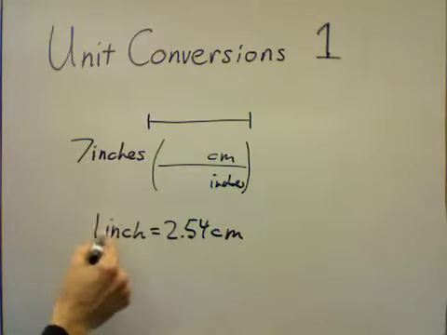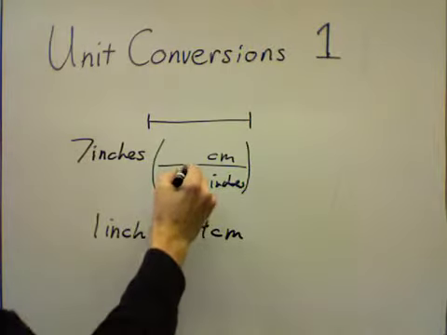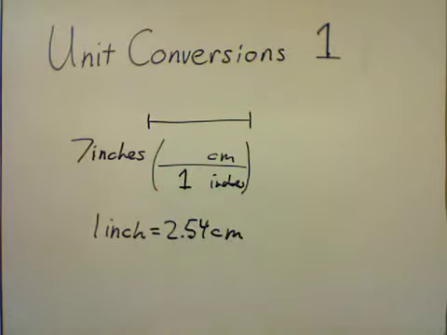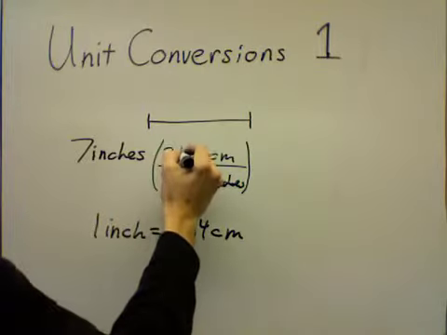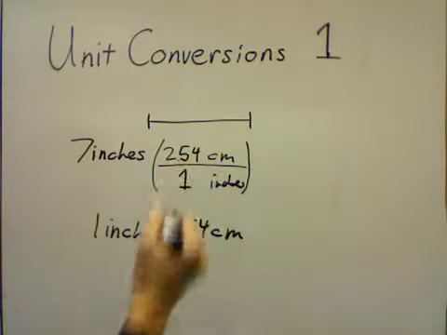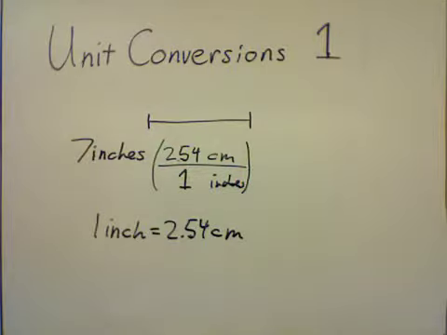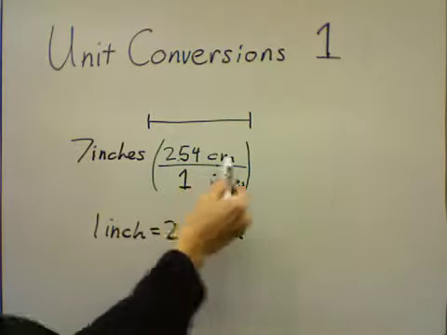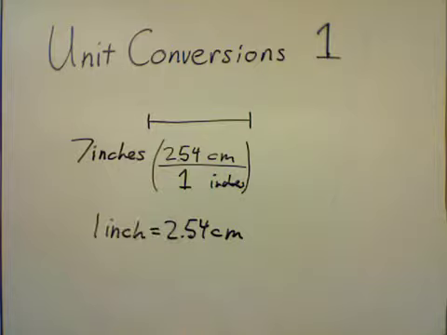That means that if 1 inch is equal to 2.54 centimeters, then I can put 1 inch on the bottom and 2.54 centimeters on the top, and this ratio will be equal to 1 because the length on the top is equal to the length on the bottom. The distance of something which is 2.54 centimeters across is also 1 inch across. So this must be equal to 1.